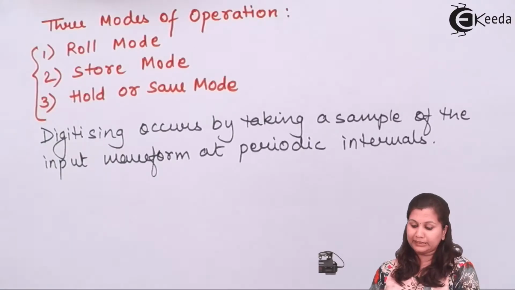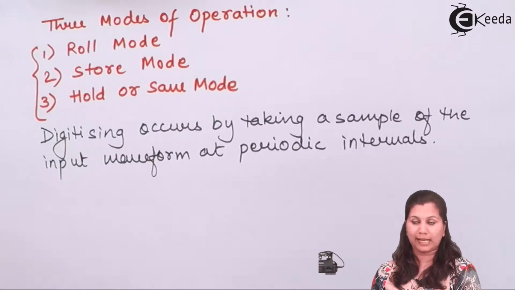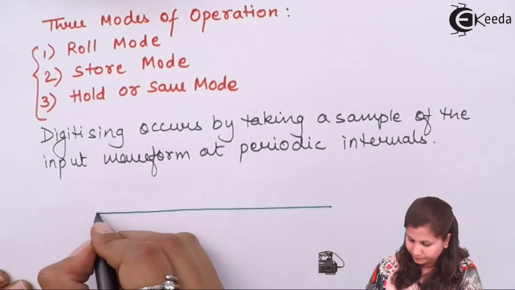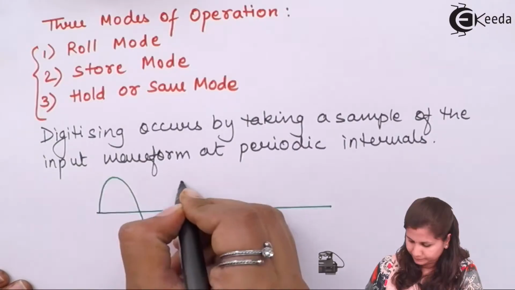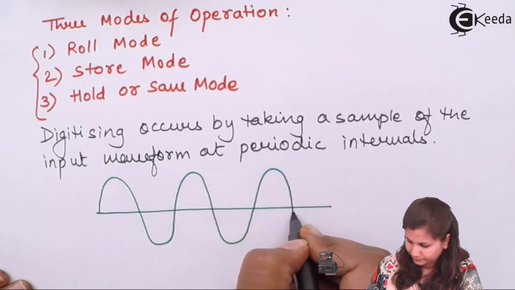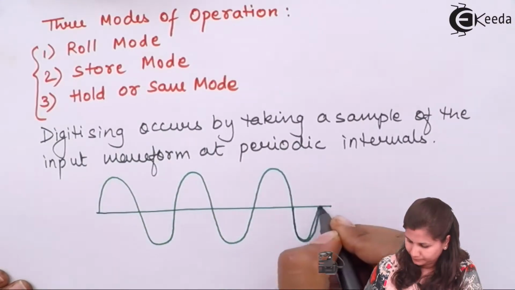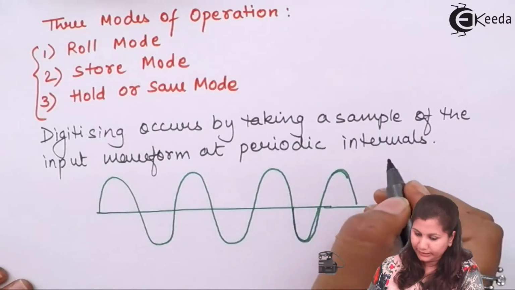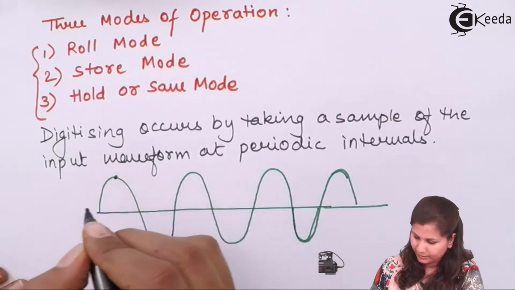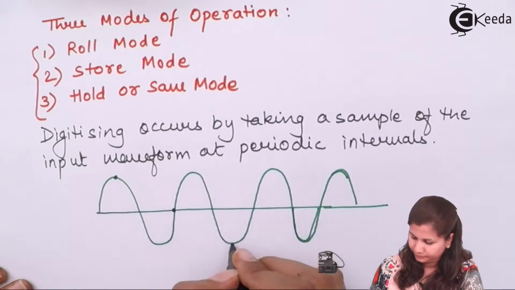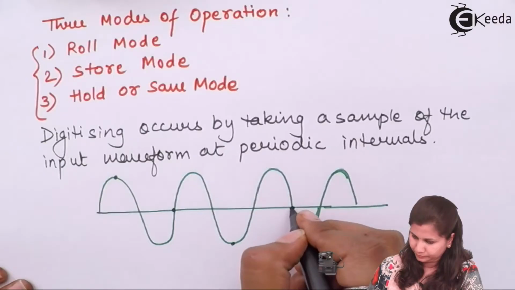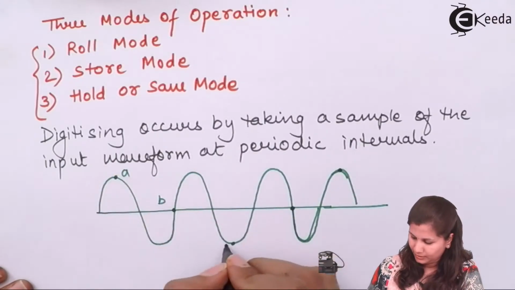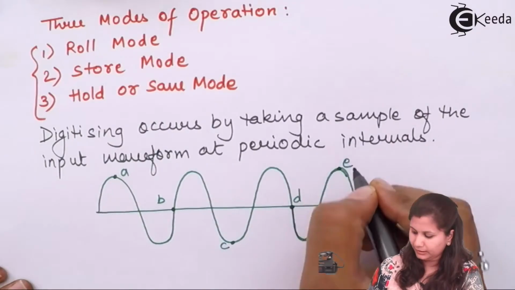So if we diagrammatically represent the digitizing or the sampling process, it will be at periodic intervals of time, like at A, B, C, D and E.